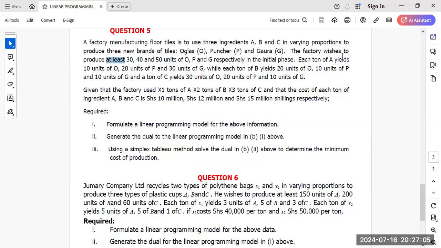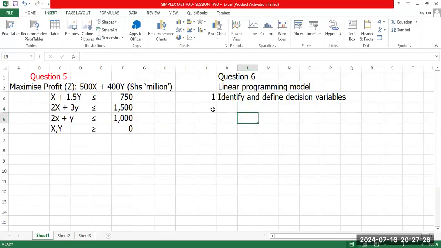So here they are saying the factory wishes to produce at least 30, 40, 50 units of O, P, and G respectively in the initial phase. So you can just do a rough work somewhere, because at this point you're just trying to interpret the question. But as you do the rough work, keep in your mind that we have 4 steps that we follow.